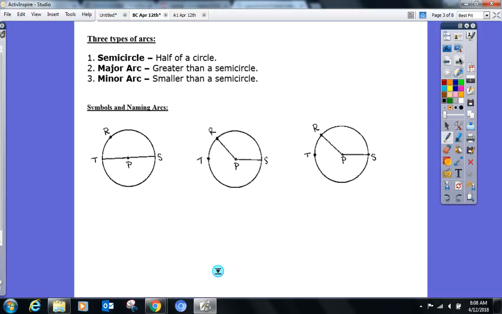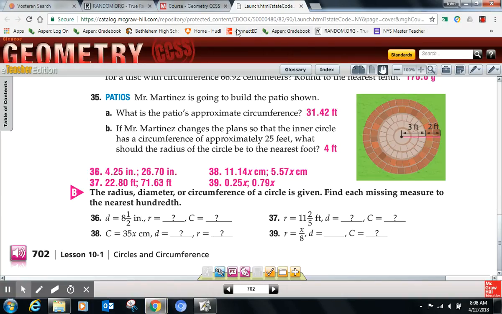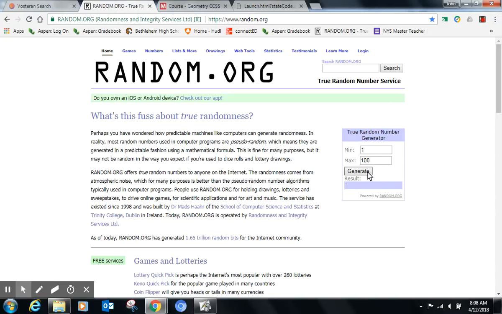Semicircle. We've heard of that one before? Half a circle. Okay? Go down to my diagram right now. Name an arc that would be considered a semicircle. Okay, here we go.